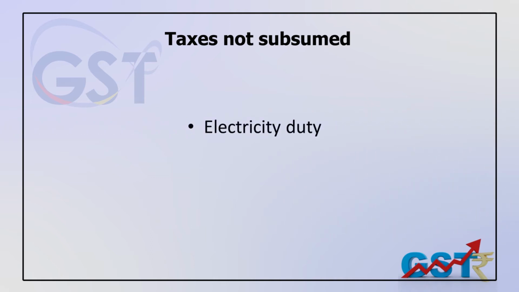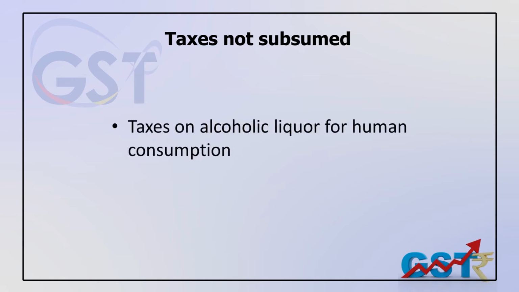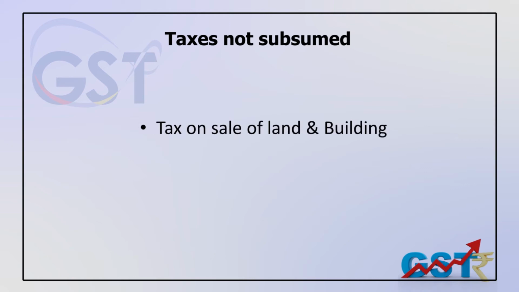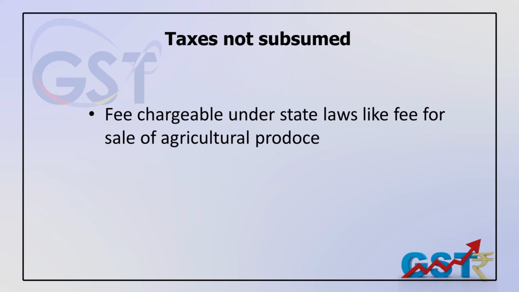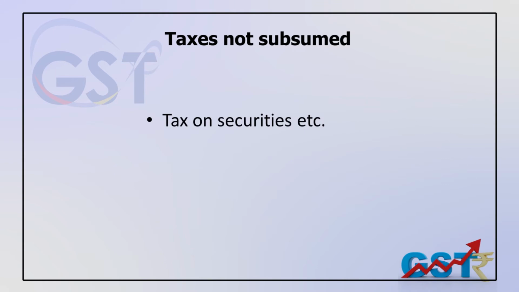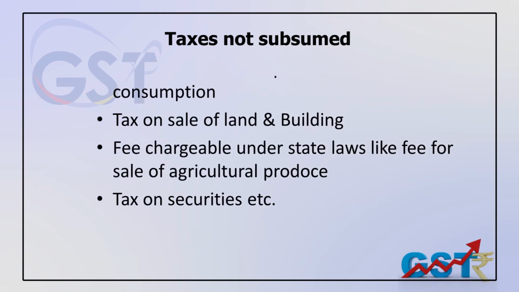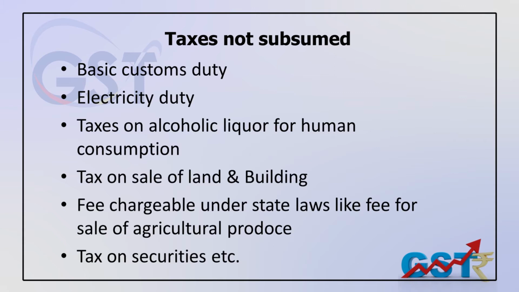Other examples are electricity duty, tax on alcoholic liquor for human consumption, tax on sale of land and building, fees chargeable under state laws like fees for sale of agricultural produce, and tax on securities. So remember, these items have not been subsumed. In case of customs duty, the basic customs duty is beyond the purview of the GST. Only the special additional duty and countervailing duty have been subsumed.